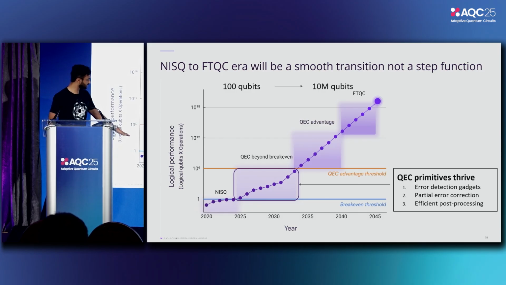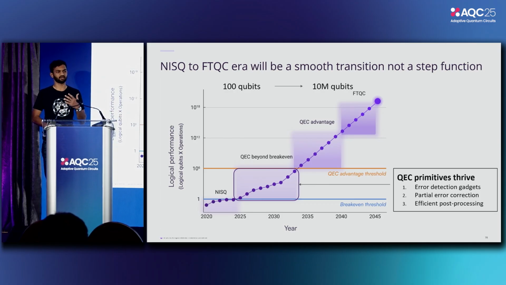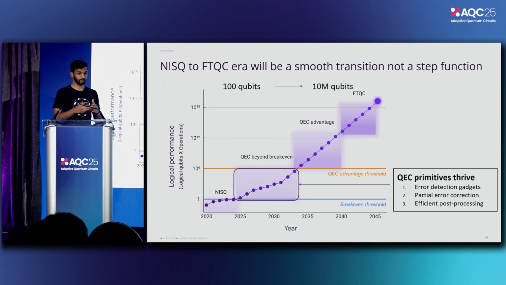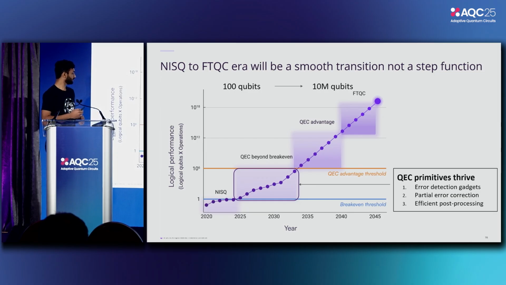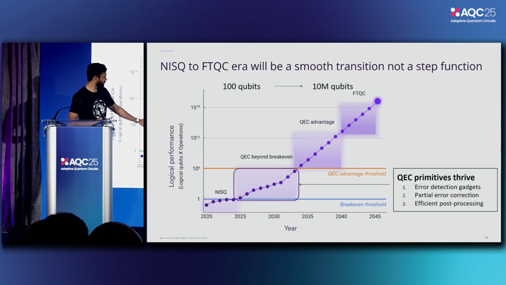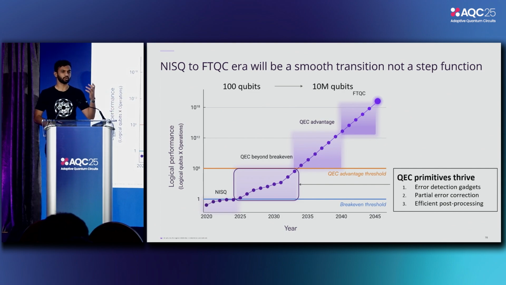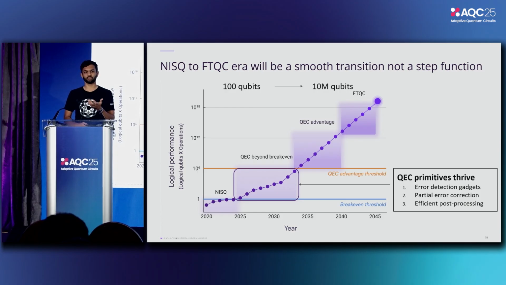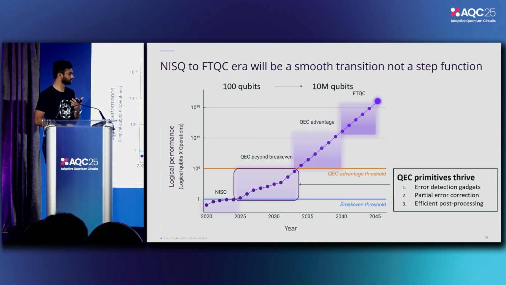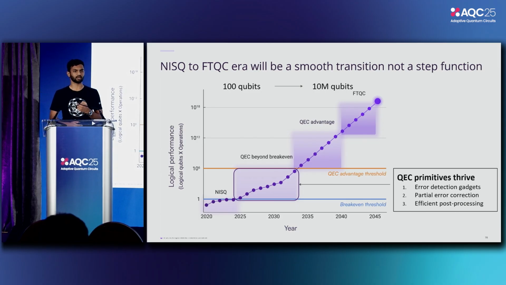We've just passed this break-even threshold, where various companies have demonstrated a logical memory slightly better than the physical memory. So in some sense, we are still away from the true QEC advantage, where you would want to run algorithms on QEC logical qubits. The overhead is just too much today, but with improving hardware, we'll get there.